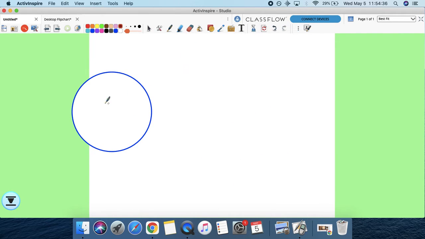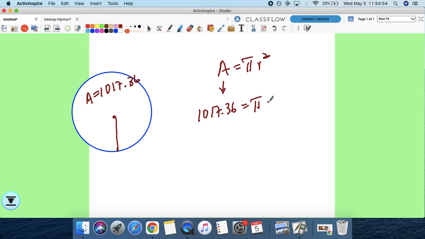B, the area is 1017.36. Again, we want the radius. A equals pi r squared. 1017.36 equals pi r squared. Divide by pi, divide by pi. 1017.36 divided by pi is 323.84 equals r squared.